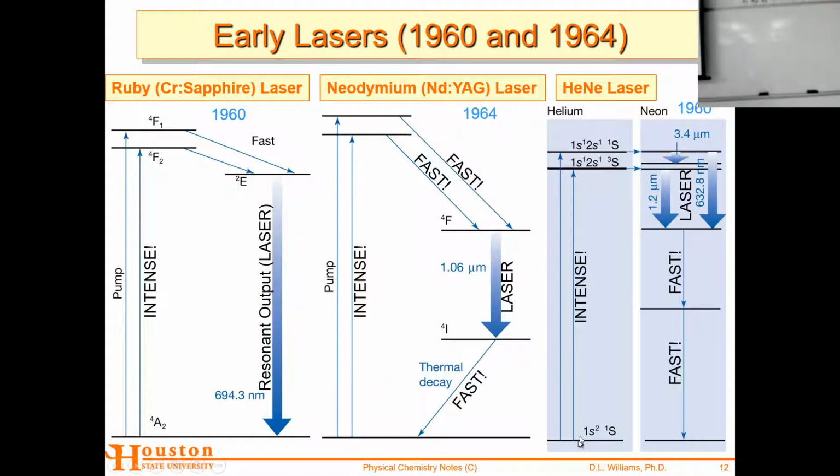This is a really weird one. The helium absorbs the energy from the power supply, okay? And so it gets excited, and you can see it's the triplet and the singlet S states that are excited. So the 1s electron jumps up to the 2s, and there's two ways to do that, two J values, and then that bumps into a neon atom.